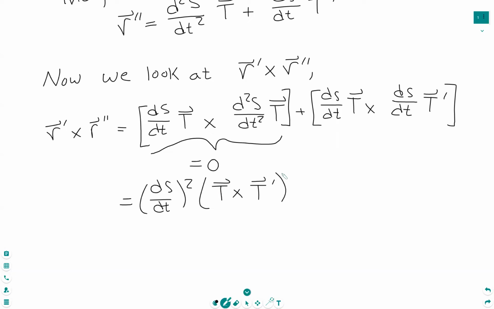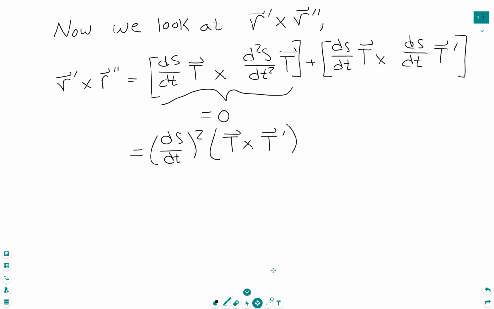Okay, so now we've got this T cross T prime, and we have to finagle this guy and see what we can come up with. To get an idea of the relationship between this term here and the term that we finally arrived at over here, let's look at the magnitude of the cross product.